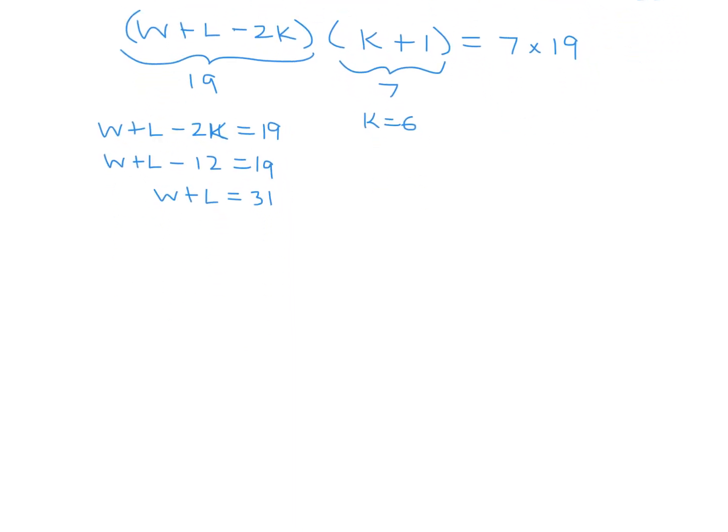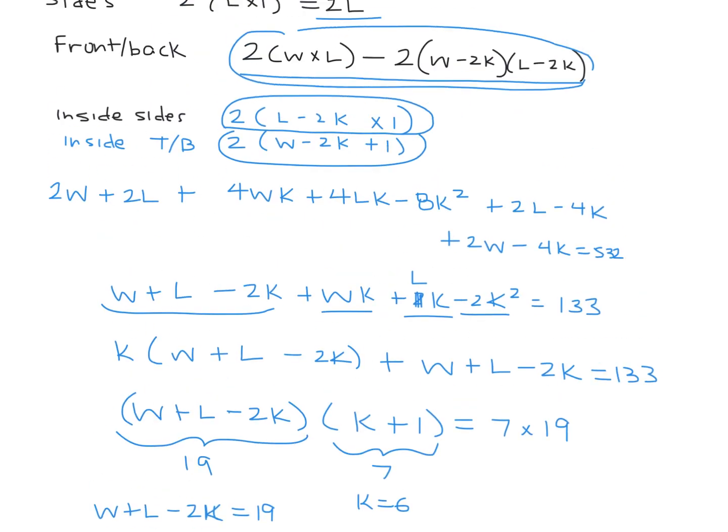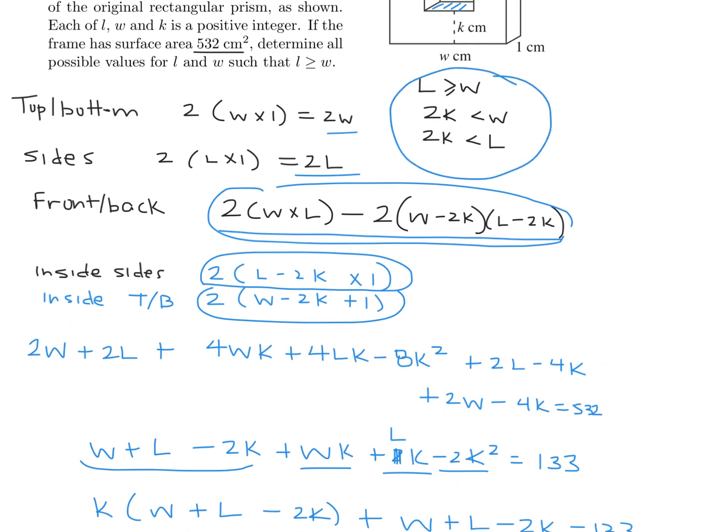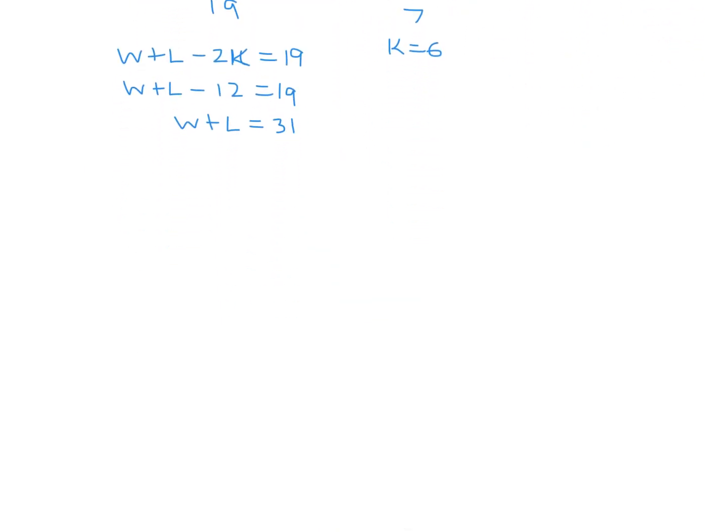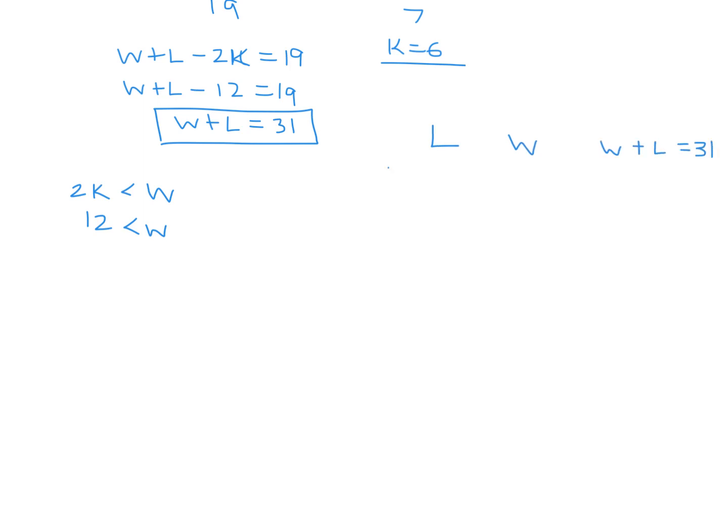Okay, so that really helps. Let's remind ourselves of our parameters here. This is important, we've got to make sure we stay within those parameters. Those parameters tell me that w is greater than 2k, and therefore w's got to be greater than 12 since k is 6. We have L, we have w, w plus L is 31, and they're all integers.